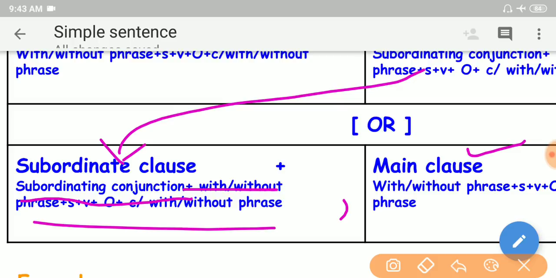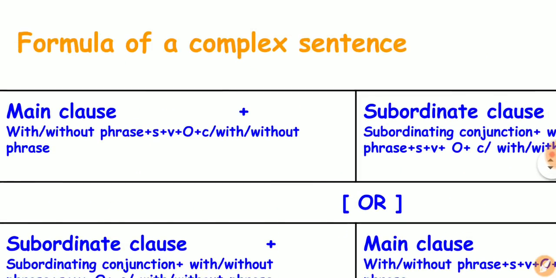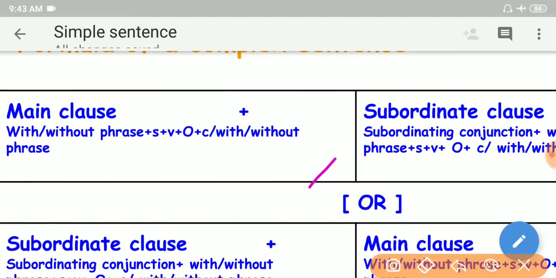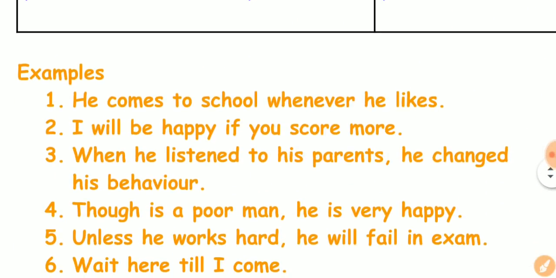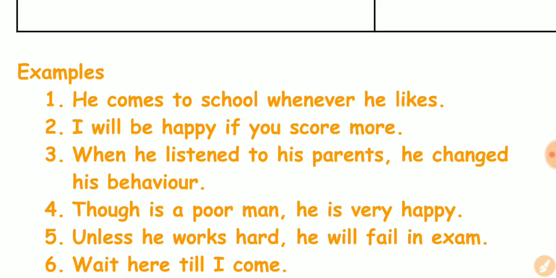So that means at the end of the subordinate clause, then you use the main clause. But here you need not put any comma, my dear friends. So when you use the main clause in the beginning, then the subordinate clause at the end, at that time no need to put any comma, my dear friends. These are the two patterns. So let us go and learn the examples. Anyhow, we have learnt already the simple independent clause and main clause. So no need to learn different patterns, same patterns we can go.